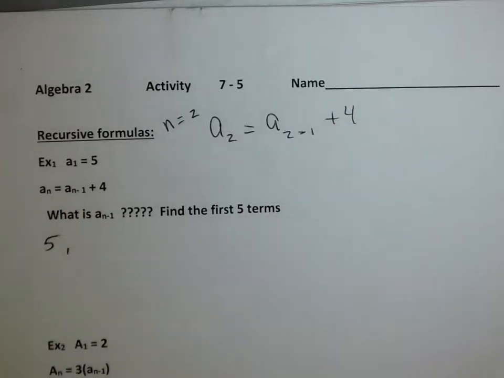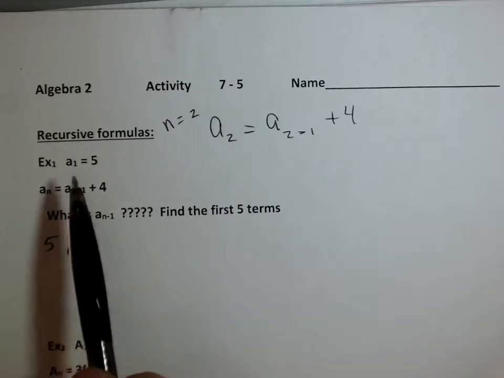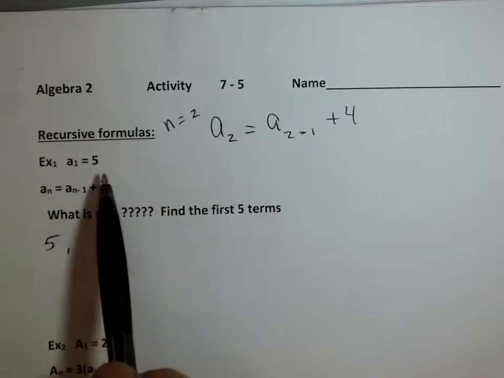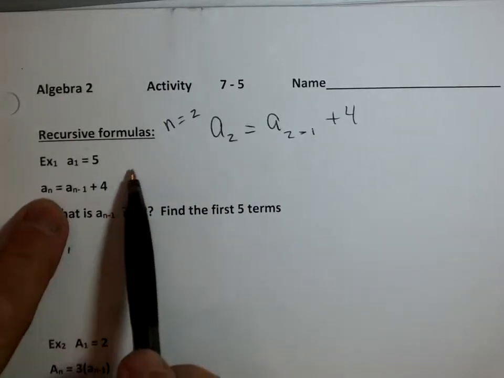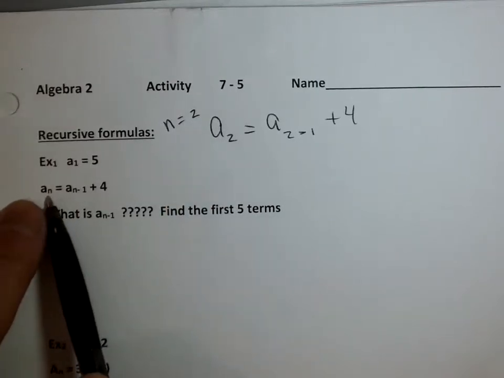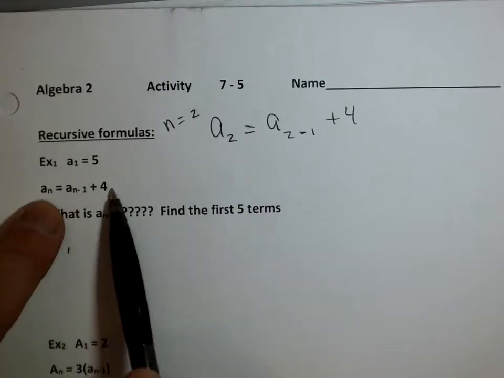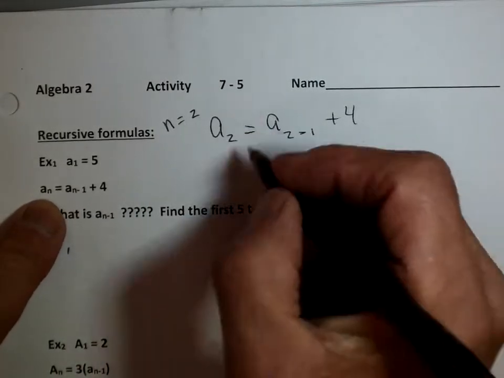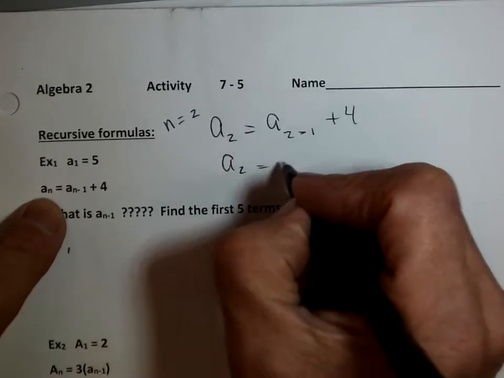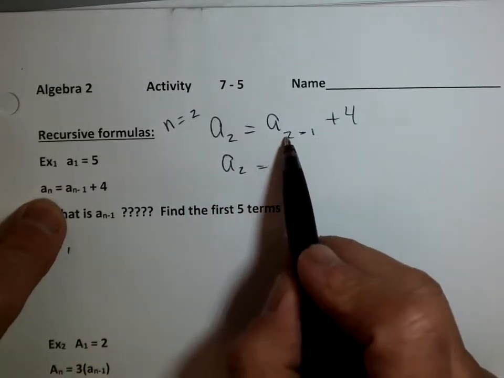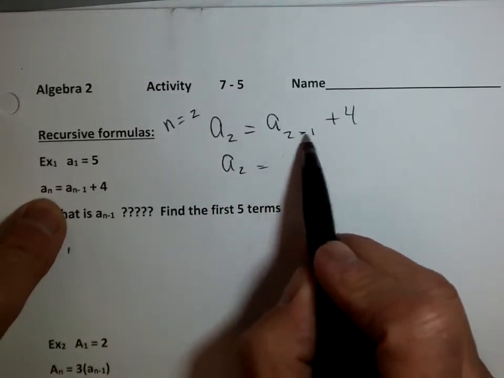Okay, again, this is kind of weird. Let me go through it slowly, okay? That's how a recursive formula works. You have the first term, a1 is going to be 5. Then to make the second term, a2, n would be 2. So a2 is equal to a to the 2 minus 1 plus 4. Okay, well, let's keep going with that. That means a2 is equal to a to the 2 minus 1, well, that's just a1, isn't it?